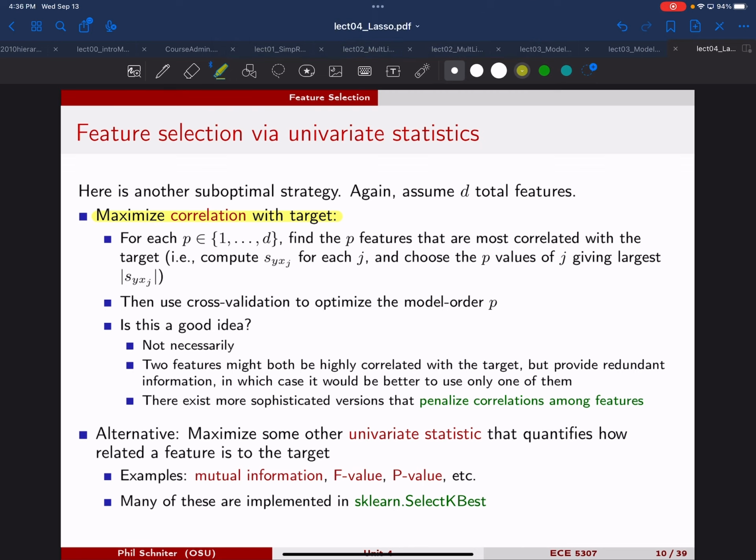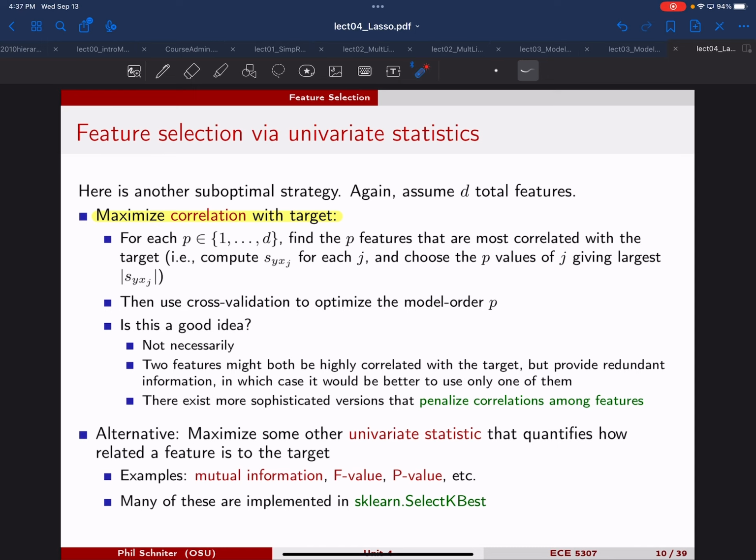So basically, here P is going to be the model order. We're finding the P features that are most correlated with the target. So we're computing this S sub Y xj for each feature index j.